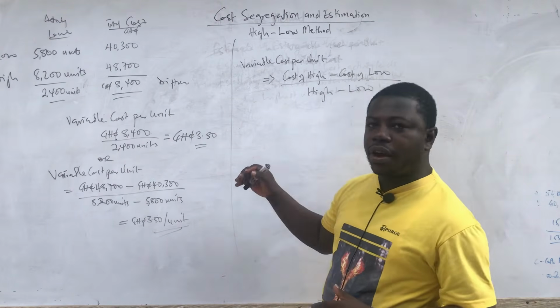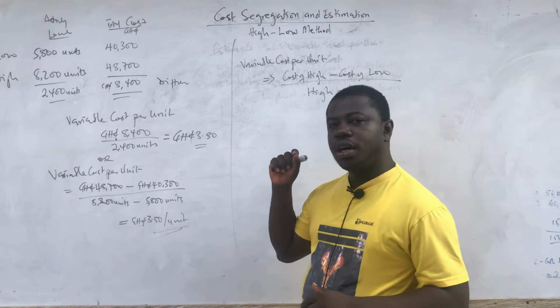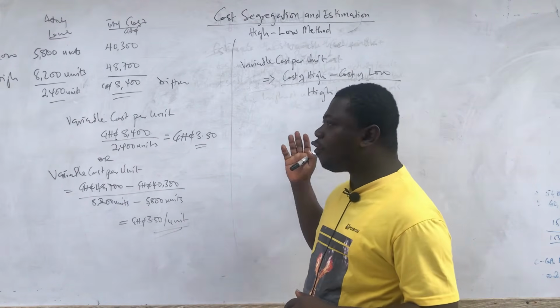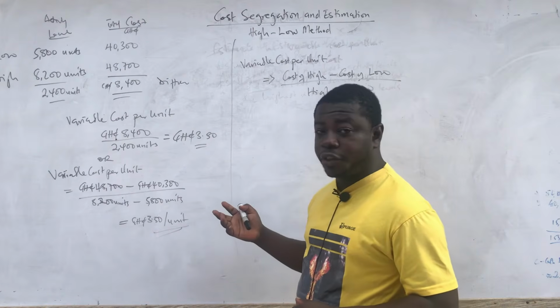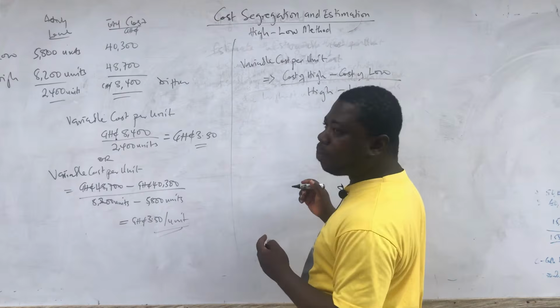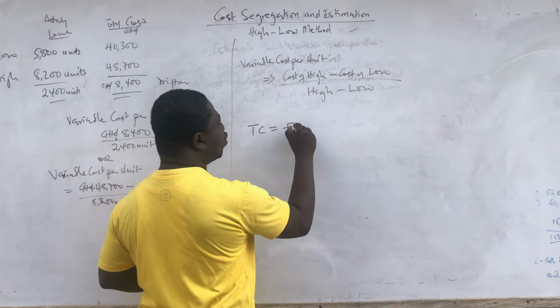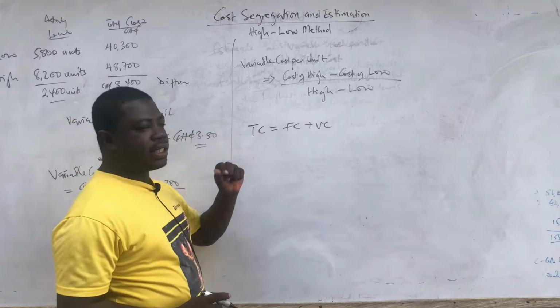All right, so now that we have the variable cost per unit, we can estimate the total cost function by first of all finding the total or the fixed cost. Now, to find the fixed cost, we need to apply the total cost equation. We know that total cost equals fixed cost plus variable cost.